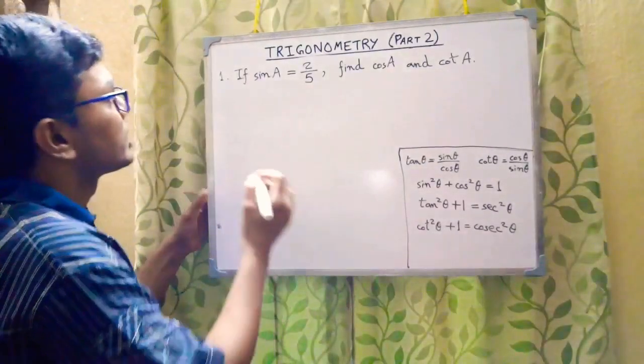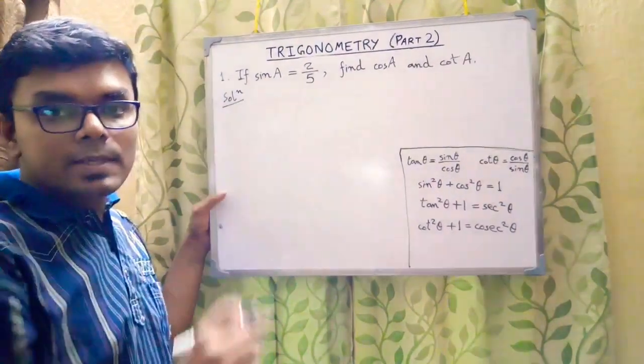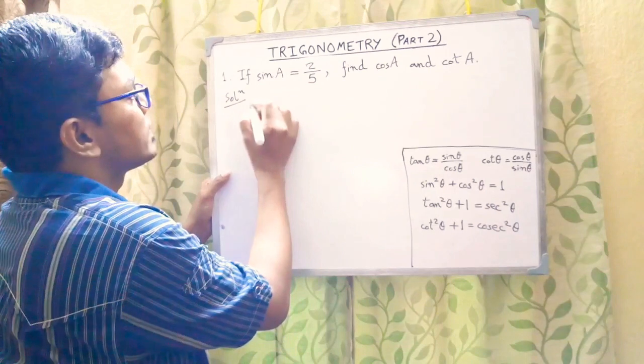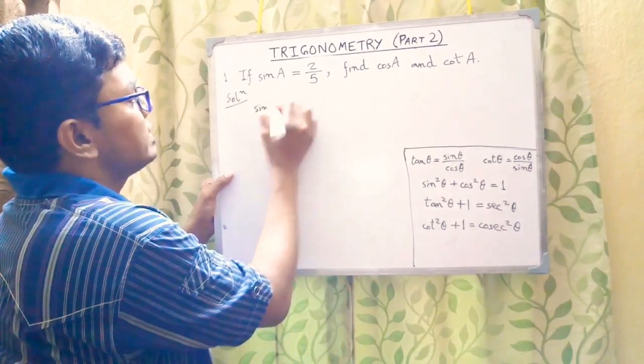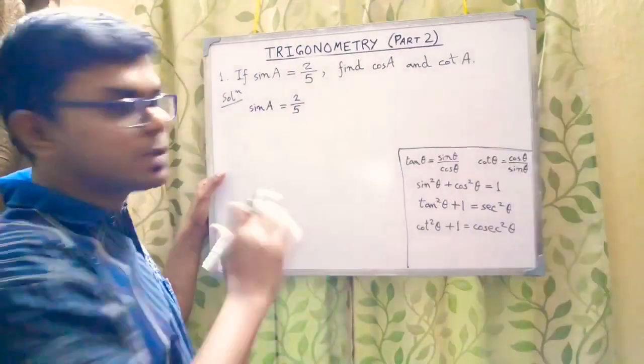Let's see. Solution. It is given that sin A equals 2 by 5. That is what is given in the question.